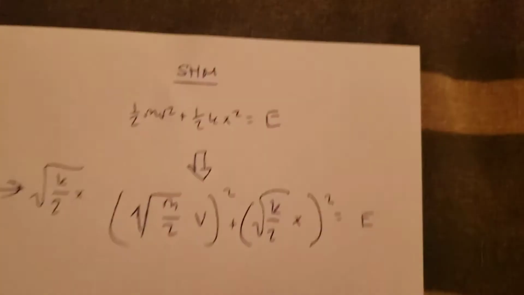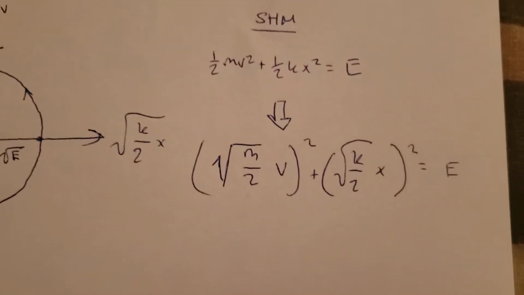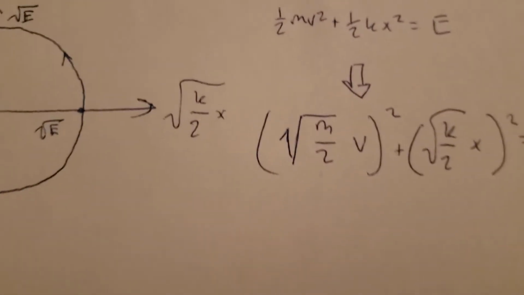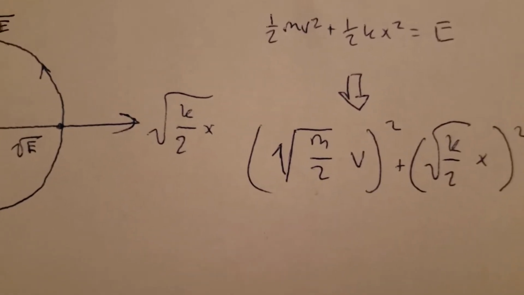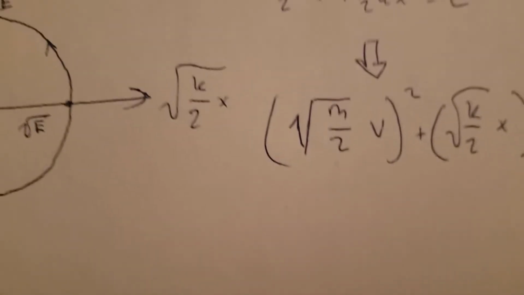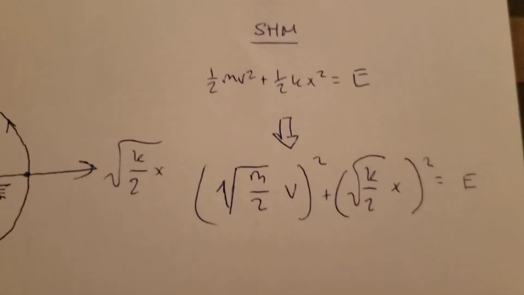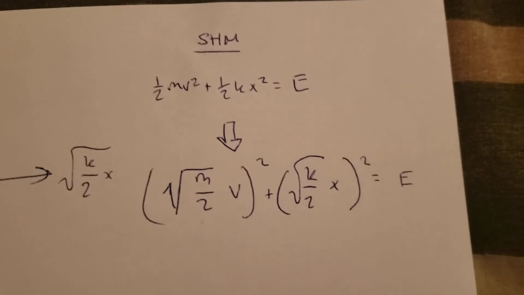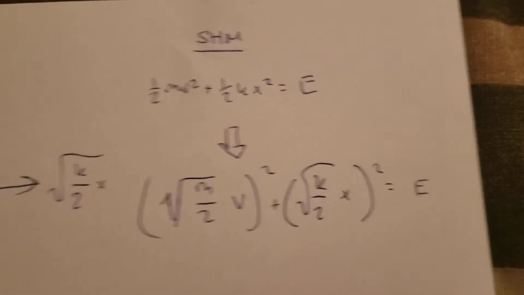Okay, so doing this. The first thing I noticed, and the problem mentions that the rescaling of mass and the spring constant is meant to be a hint, and I'm not sure if this is right, but I took this as a hint that this is an equation of a circle.